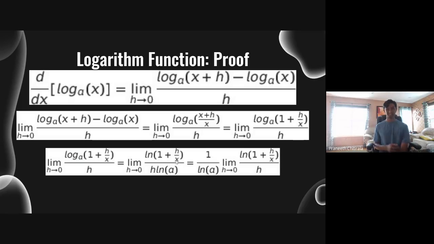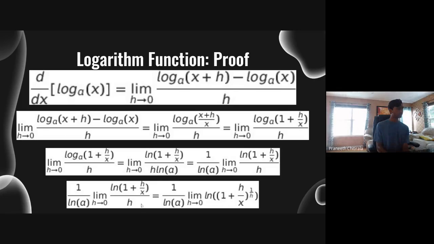over h times the natural log of a. The natural log is a very neat logarithm to use, so we're going to use that. Since 1 over the natural log of a is a constant, we'll pull that out. Then we simplify the inside limit.